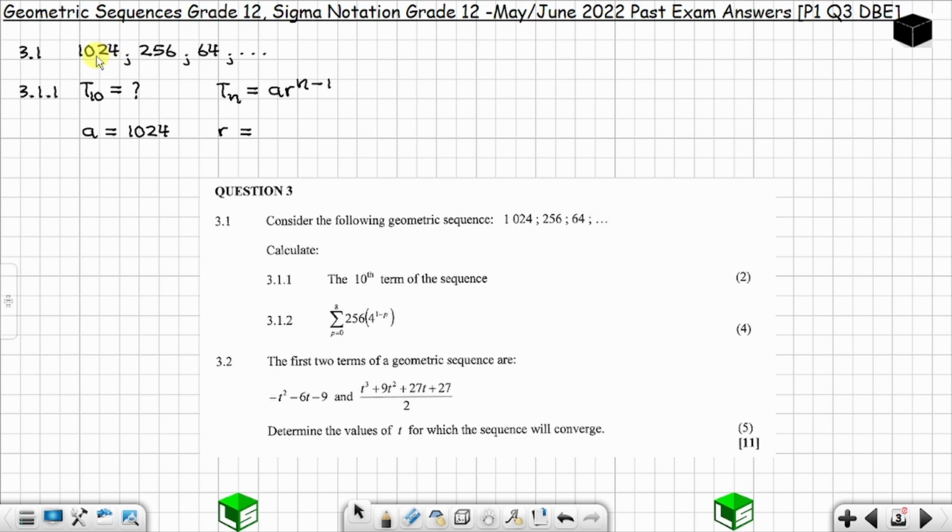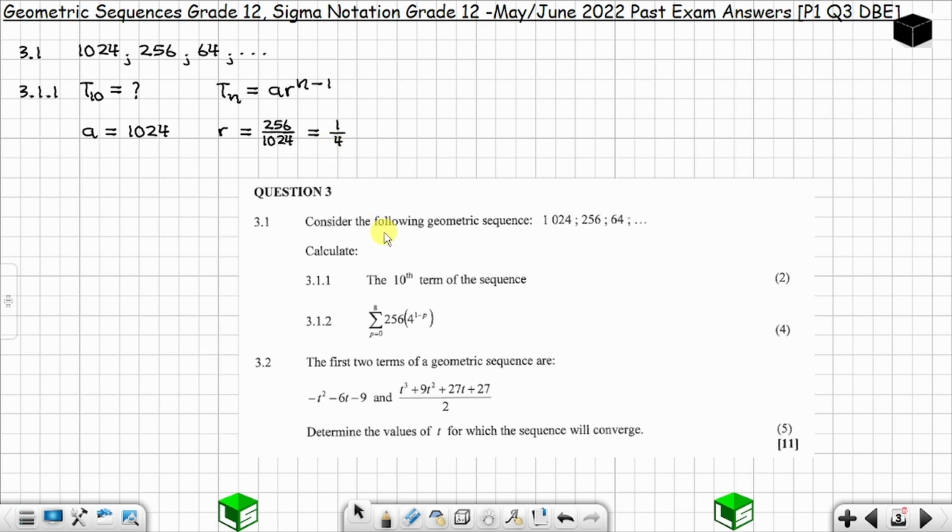You can take any next term and divide it by the previous term. So let me take 256 over 1024, and this is equal to 1 over 4. You can check it with your calculator. So your common ratio is 1 over 4, right?